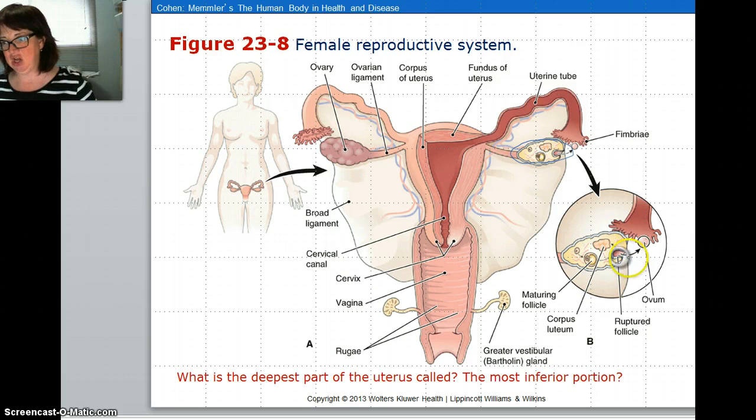Then at ovulation, the egg will leave and become an ovum, and the remainder becomes the corpus luteum. The corpus luteum is very important in the production of estrogen, which helps maintain the uterine lining.